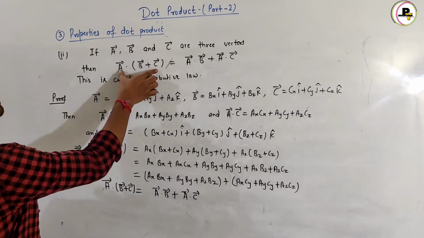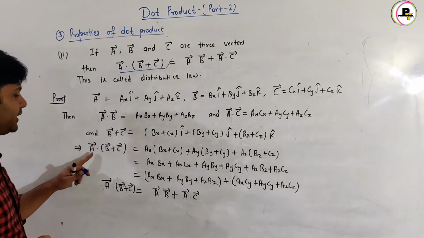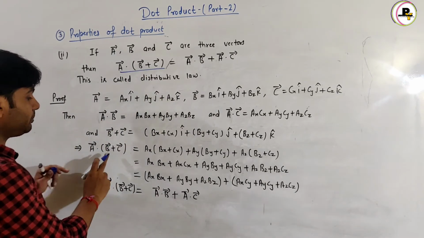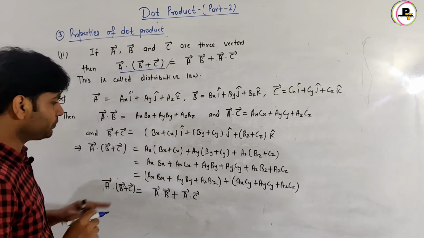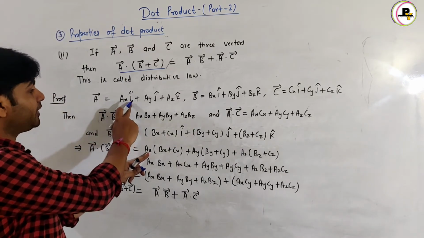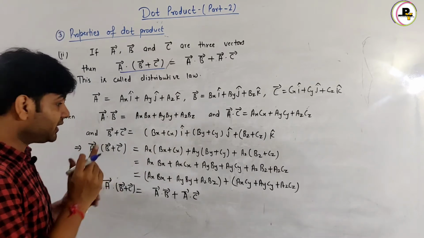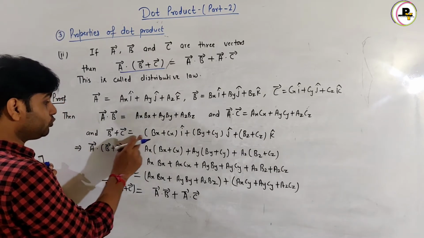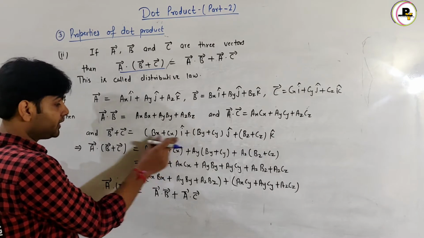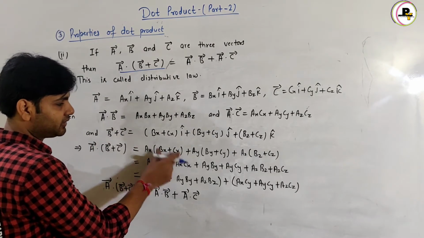Now if I take the left hand side of this statement, then I can write here a vector dot in bracket b vector plus c vector is equal to ax, that is the coefficient of i cap of vector a, into bx, but here bx will be taken as the coefficient of i cap in b vector plus c vector, that is bx plus cx.